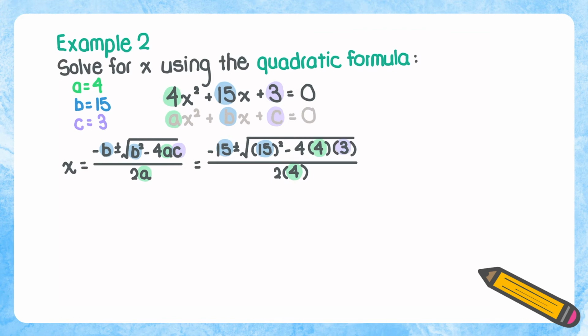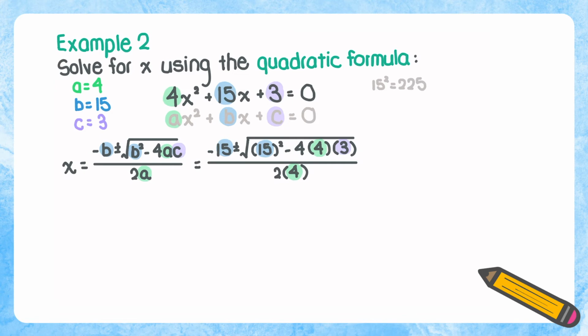All right, so let's simplify this. I'm just going to jot it in the corner again. So first of all, negative 15 is as is. 15 squared is 225.